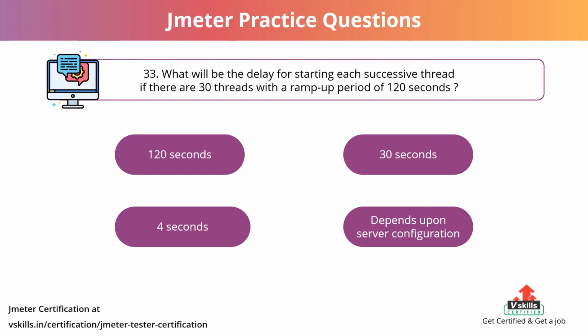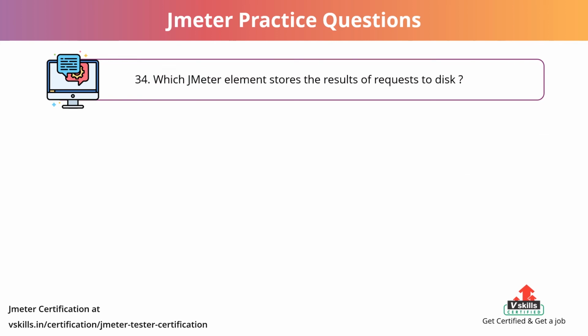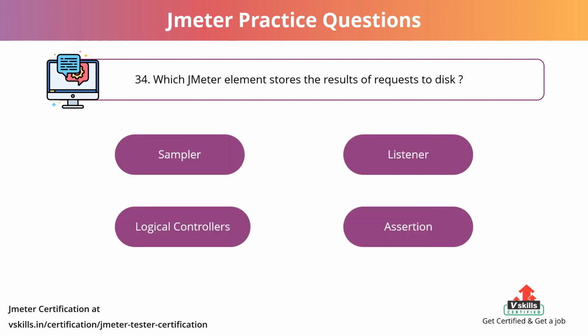The correct answer is option C. Question number 34. Which JMeter element stores the results of requests to disk? The options are A, sampler, B, listener, C, logical controllers, D, assertion. The correct answer is option B.